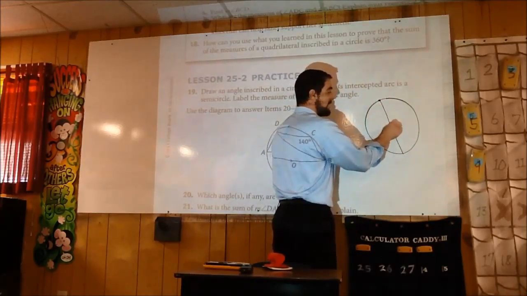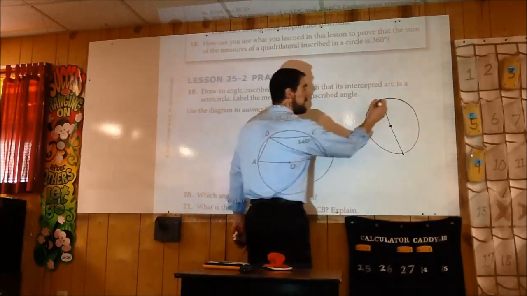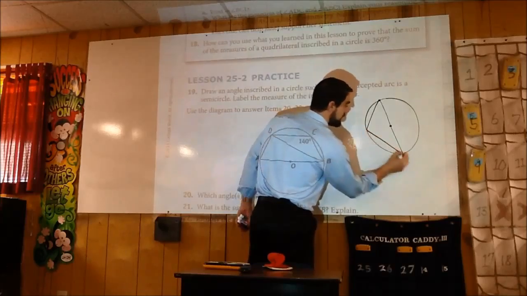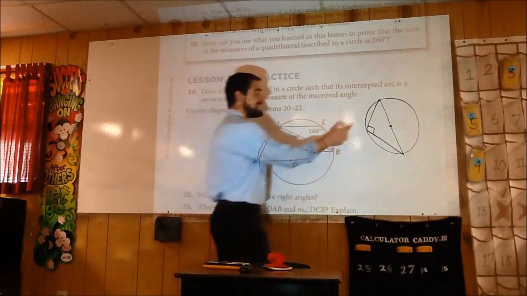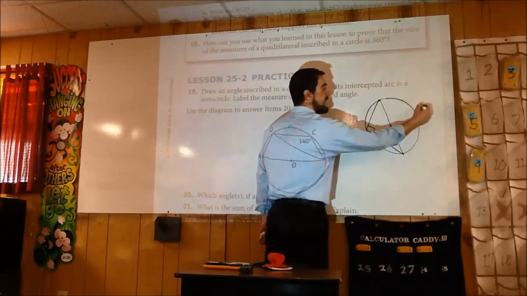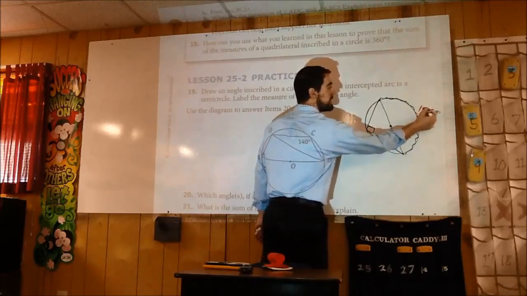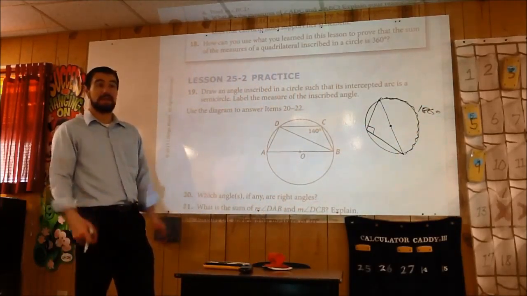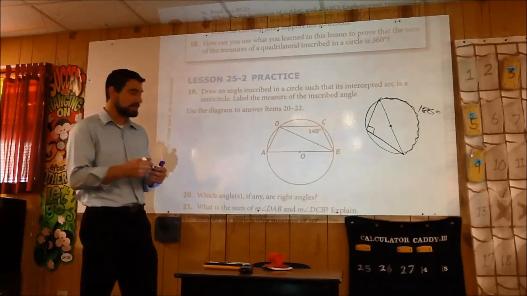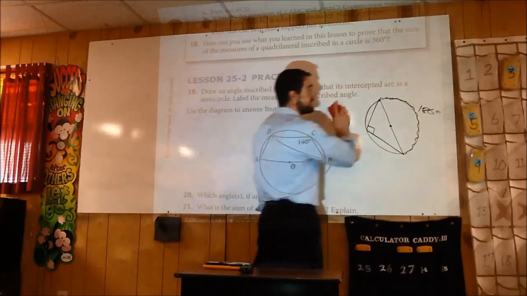Those are created by diameters, and so if I drew an angle that intercepted that arc, it would have to be a 90-degree angle, because an inscribed angle is 1/2 the measure of the intercepted arc. So the intercepted arc is 180 degrees. Therefore, the inscribed angle that intercepts that is half of 180 degrees, which is 90, a right angle.